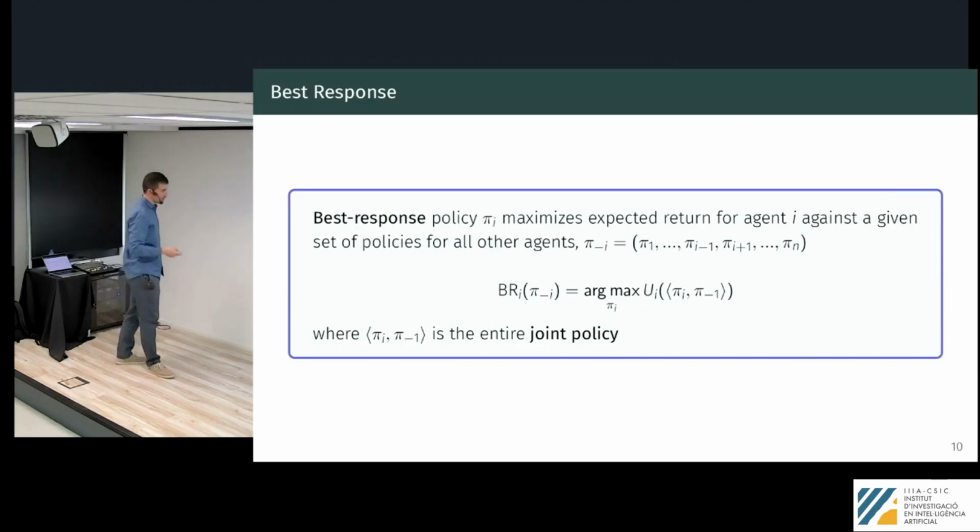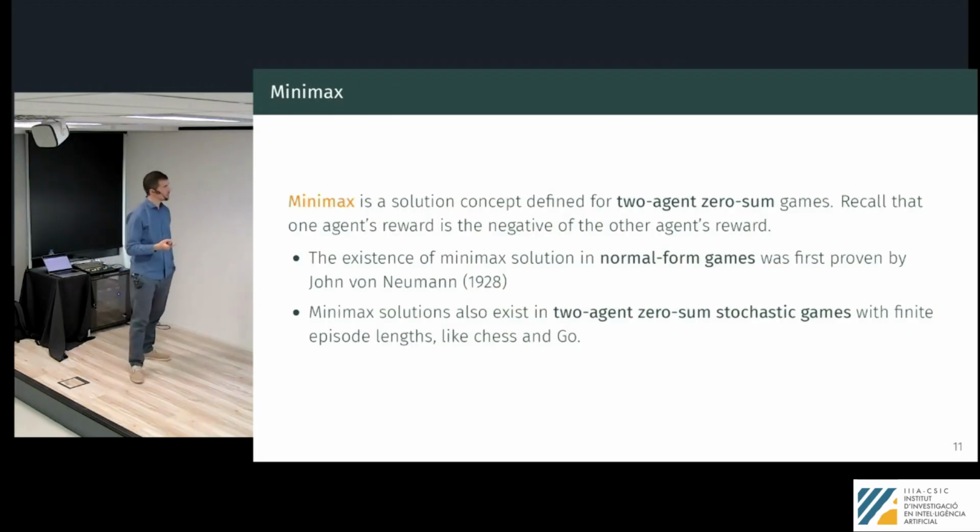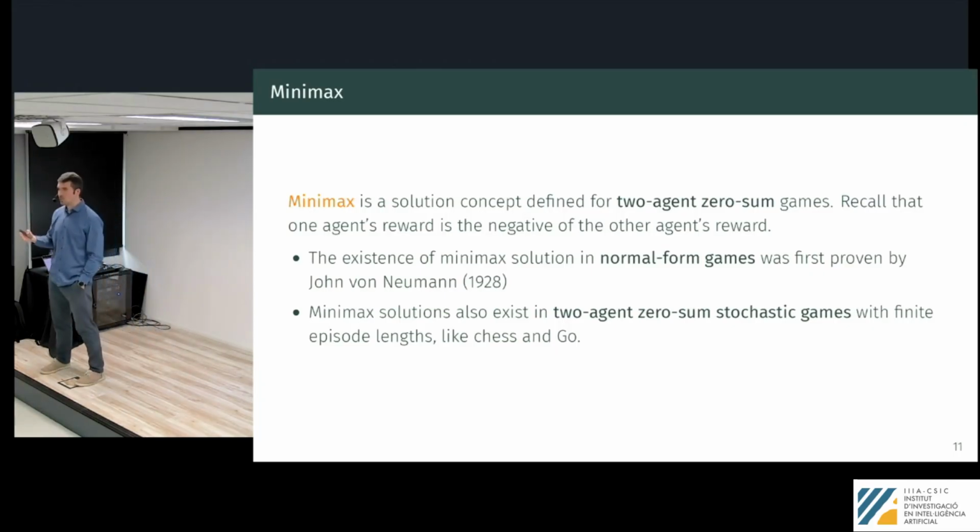Okay, so we need this concept in most of the solution concepts that we're using because it's a nice compact way to describe them. So here's the first one. This is the Minimax solution concept. And this was probably where all of game theory started.